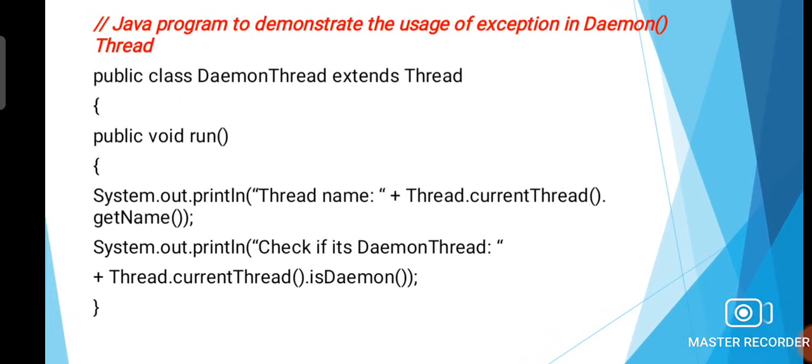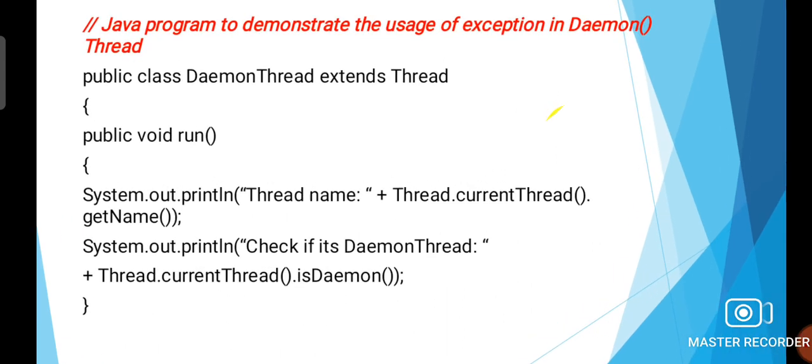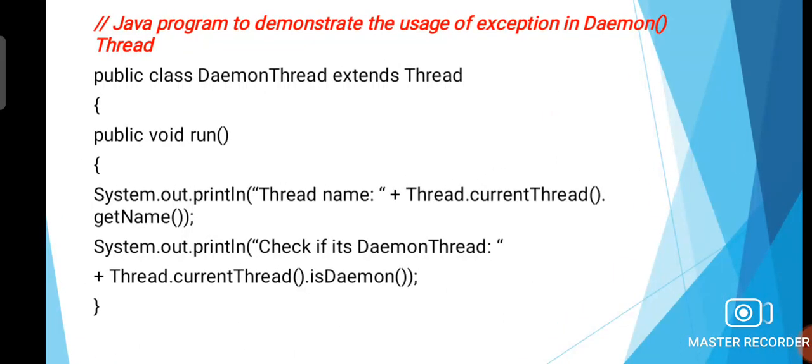Now we are going to see another example program. In this example program, we are going to apply the methods associated with the daemon thread. Inside the run method, we are having the System.out.println, in which we are printing the thread name.